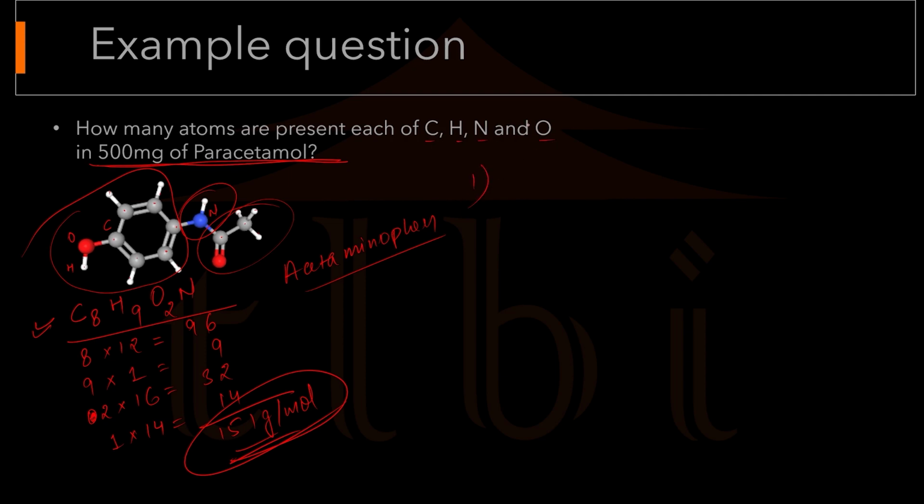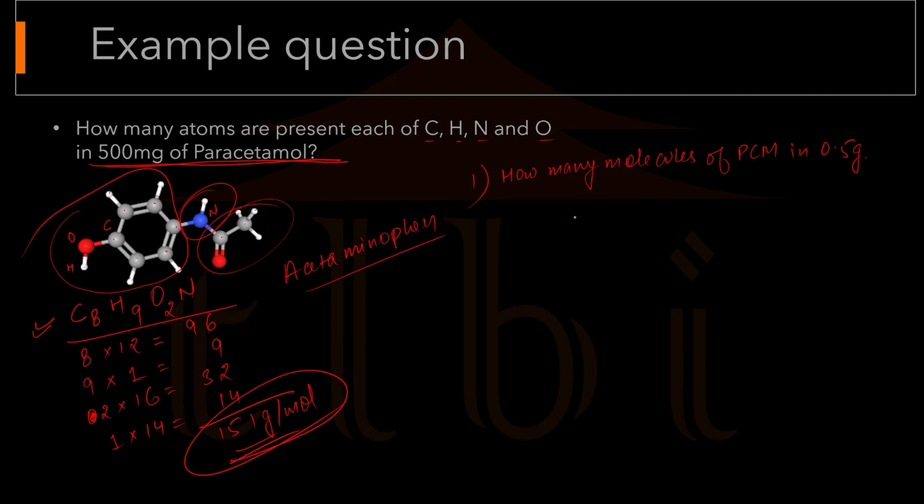Okay, so the first step of the question is how many molecules of paracetamol are present in 0.5 gram, right? So how do we do that?